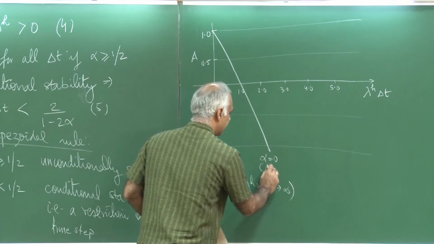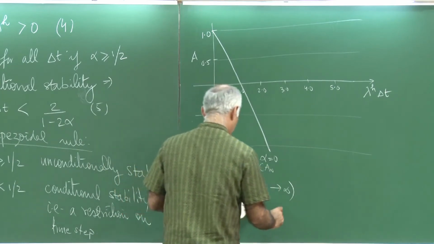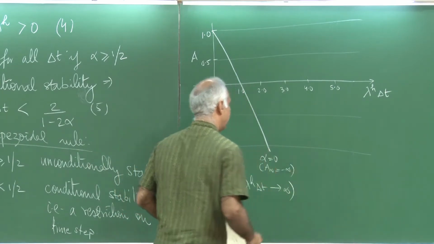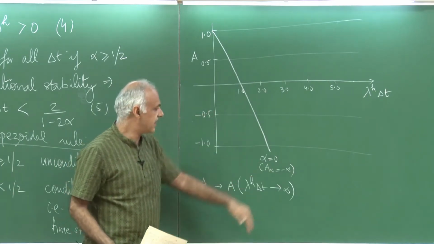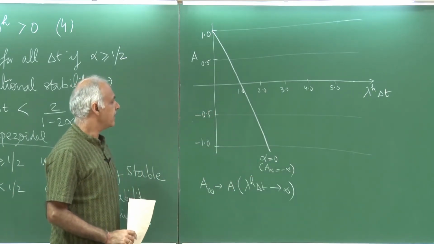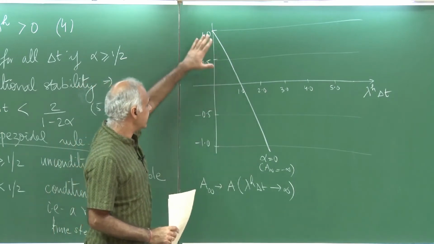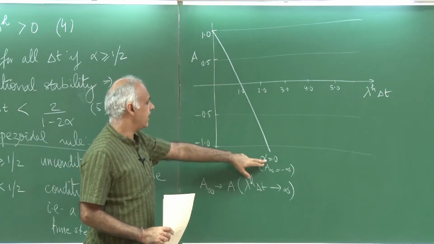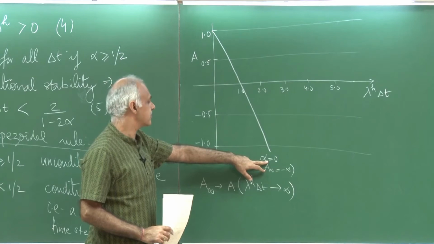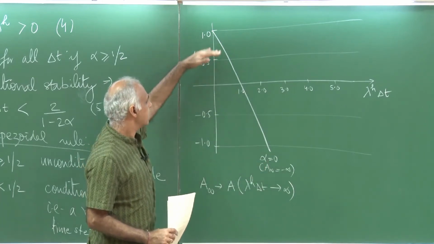So this I will write, A infinity is minus infinity. So you can see it actually goes far away. So there is only a certain range in which alpha equal to 0 can be used. Okay, so that's what is meant by conditional stability.